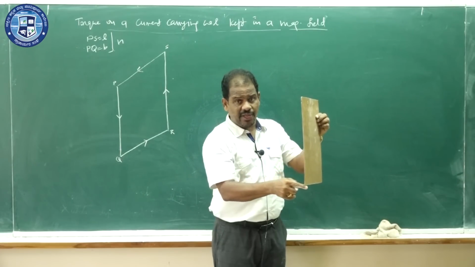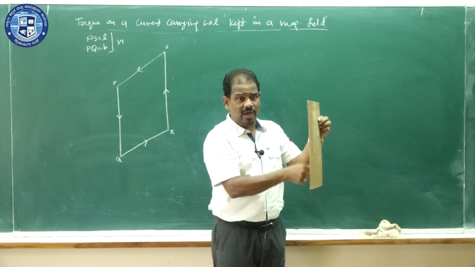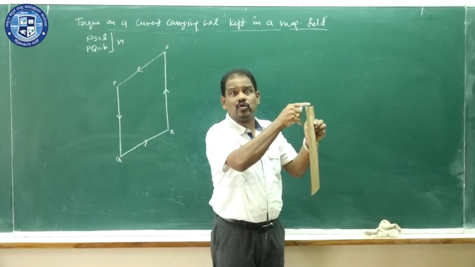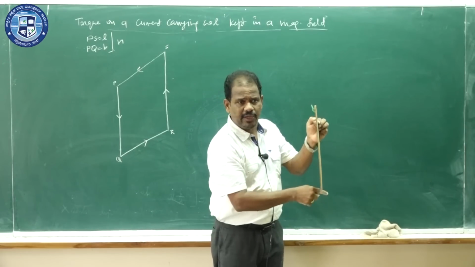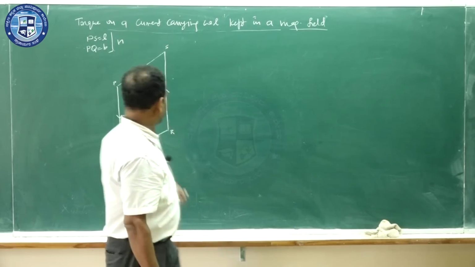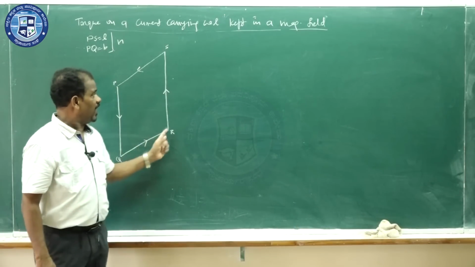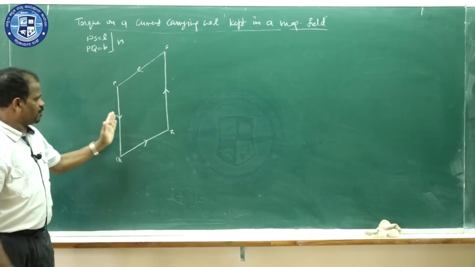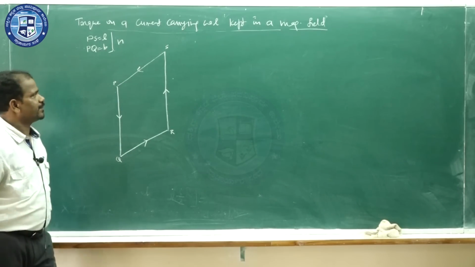Here it is going away from you. Here it is going up. Here it is coming towards you. Down, away, up, towards. Understand? This part is towards you, facing you.